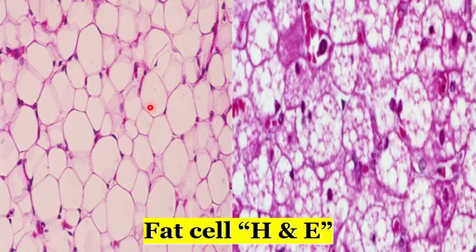This is one large fat droplet, so this is the unilocular fat or white fat. This is multilocular fat droplets. So this is the brown fat or multilocular fat or multilocular adipocyte.